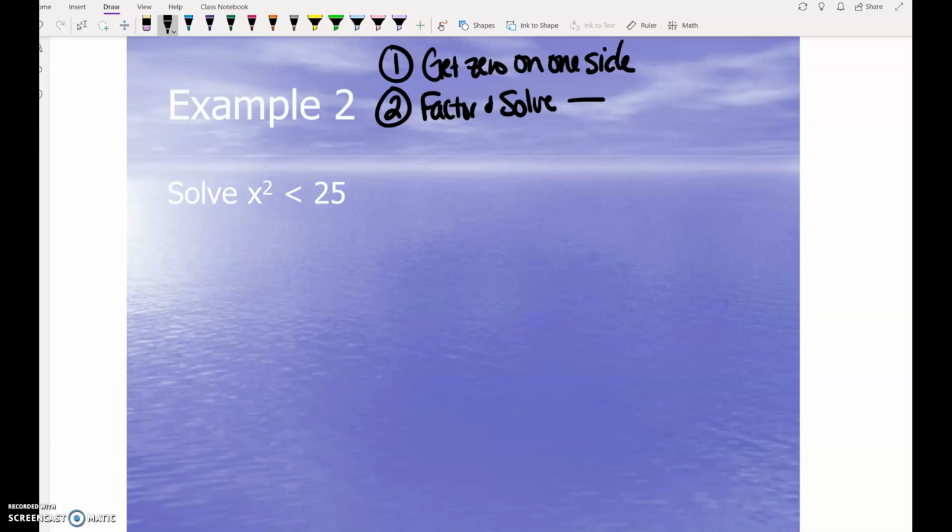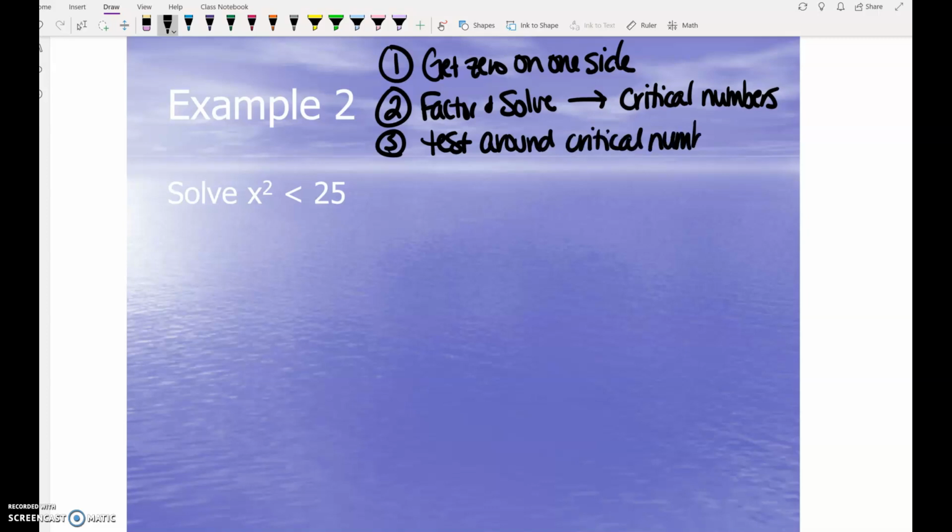Those solutions are the critical numbers. And then we are going to test around the critical numbers to determine the range of solutions that are going to work for this original inequality.